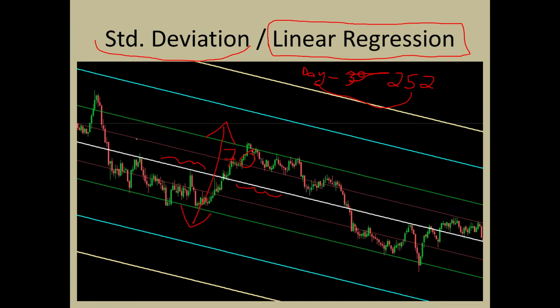If you look at the chart from left to right, you can see that 70% of the time it stays inside those two green lines. Actually, I drew my arrows completely wrong, didn't I? They're supposed to be inside the green line. Inside the green line. Okay.